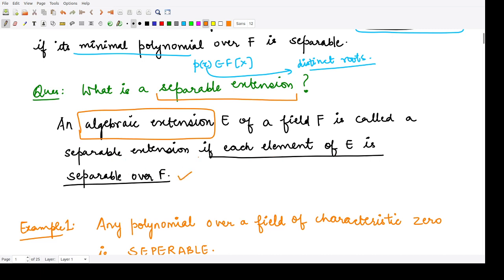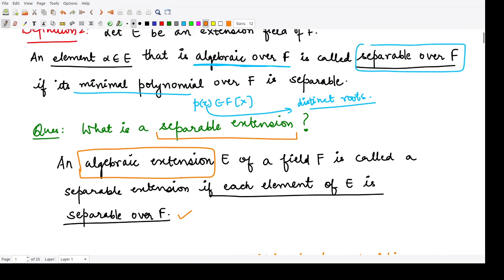So every element first has to be algebraic over F, and then it is separable when the corresponding minimal polynomial is separable.